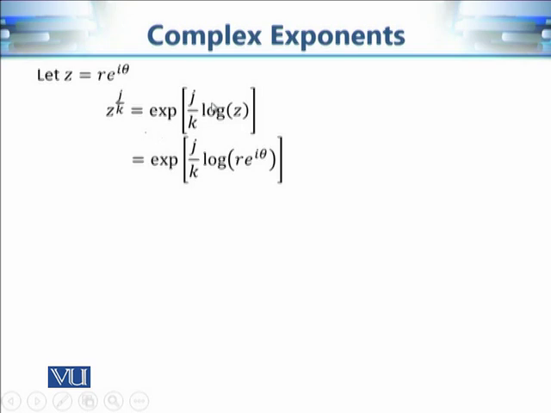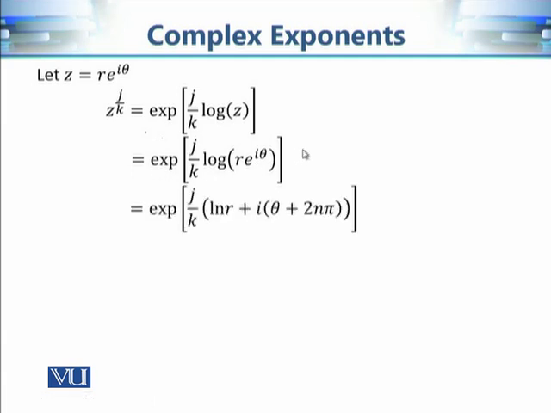Since z is equal to r e raised to power iota theta, this is equal to exponential of j over k log of r e raised to power iota theta, and this is going to be equal to exponential of j over k log of r, because r is the modulus, and iota theta plus 2n pi.